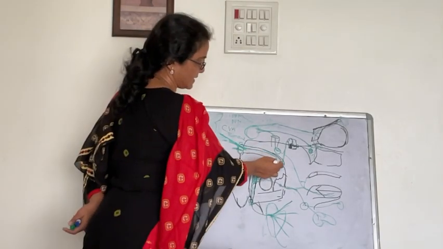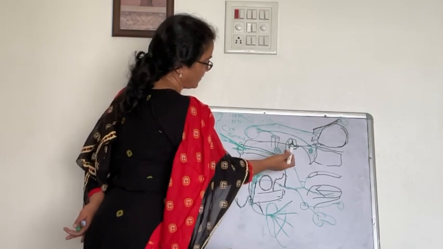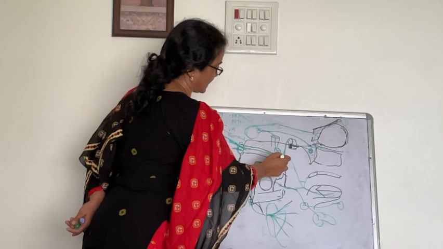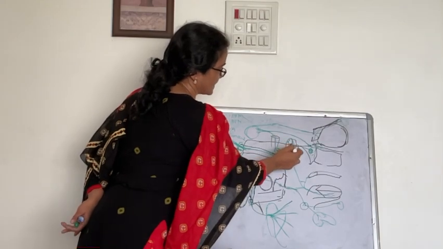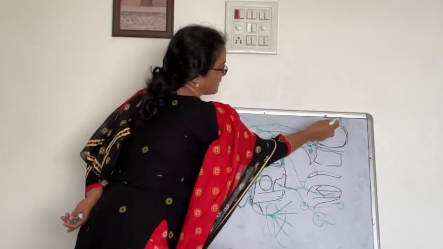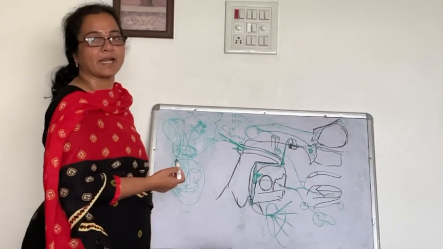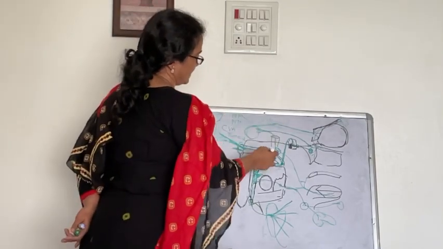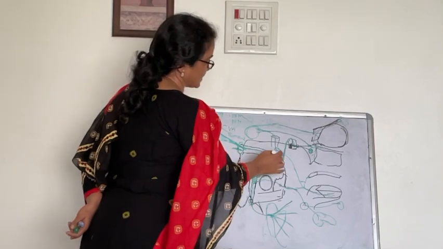There will be hampering of the function of the greater petrosal nerve, which carries secretomotor fibers to the lacrimal gland, so there is absence of tears with an injury at the geniculate level.